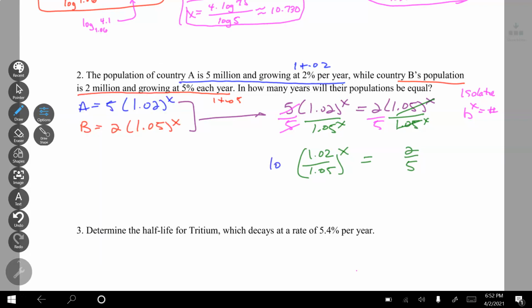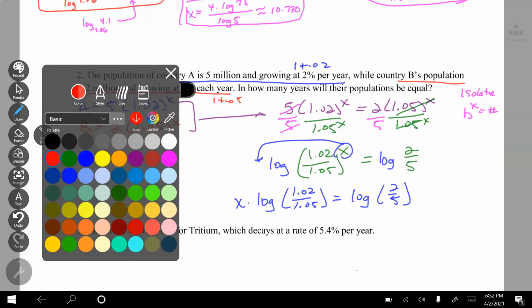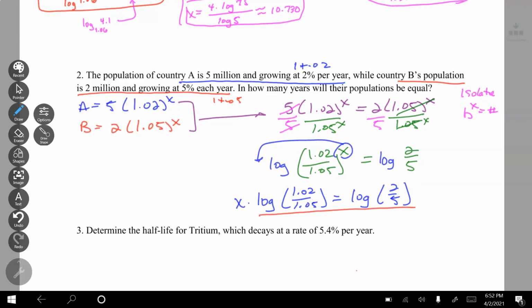And now I can log both sides. And this x jumps in front. I have x times log of this ugly fraction is equal to log of this fraction. Not as ugly, but still a fraction. And then I could just divide by log of this ugly fraction.